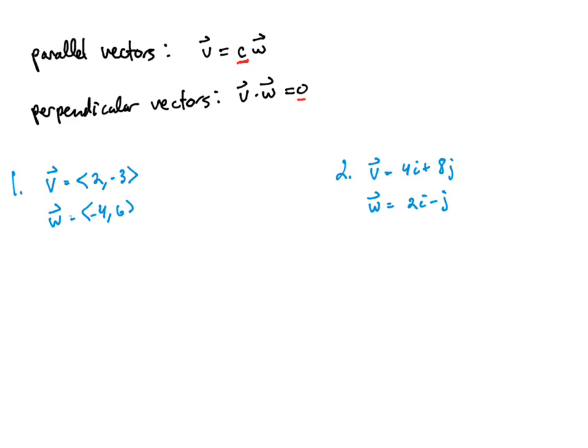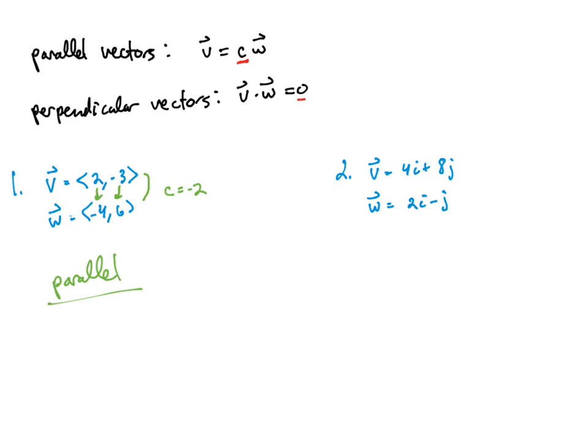We want to know, are these vectors parallel, perpendicular, or neither? To get from 2 to -4, I would multiply by -2. To get from -3 to 6, I would also multiply by -2. So the c value here is -2, and these are parallel.